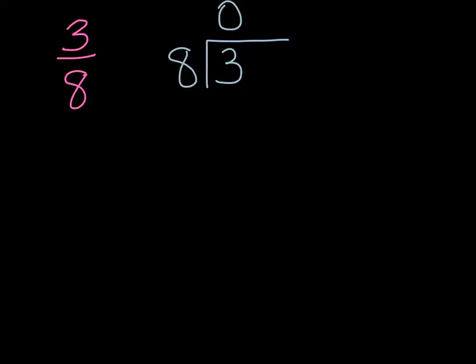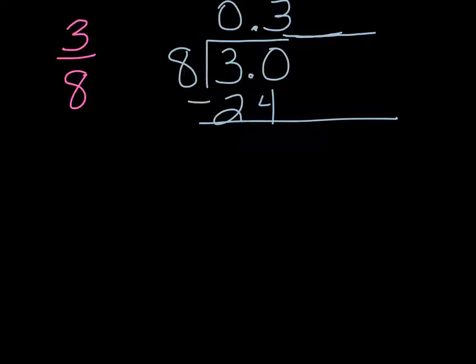And I'm just going to go ahead and add my decimal and 0. Now, how many times can 8 go into 30? Well, 8 can go into 30 3 times. And 3 times 8 is 24. Then we subtract, and I have to borrow. So 10 minus 4 is 6.